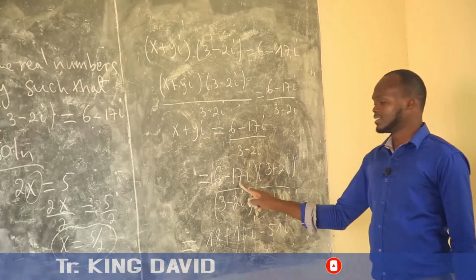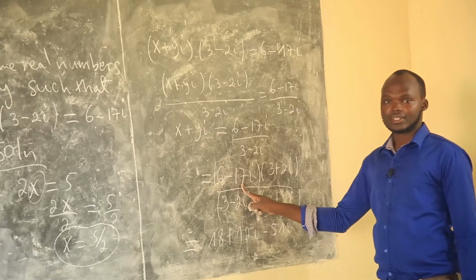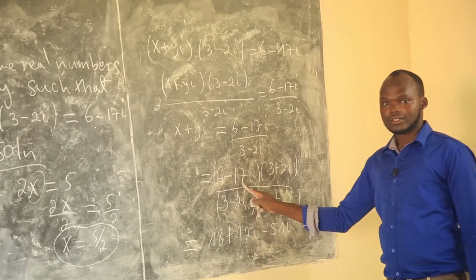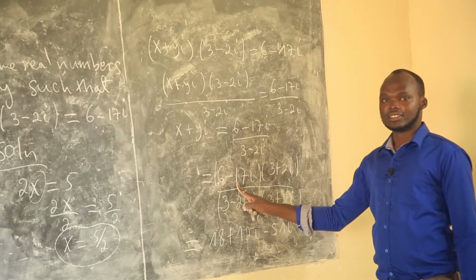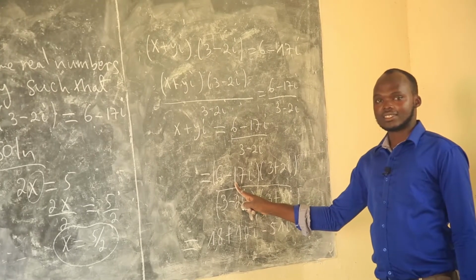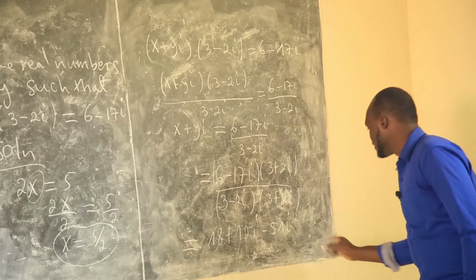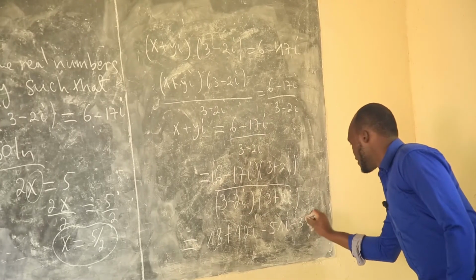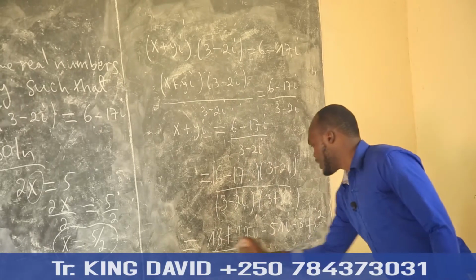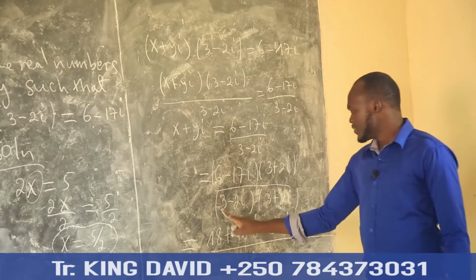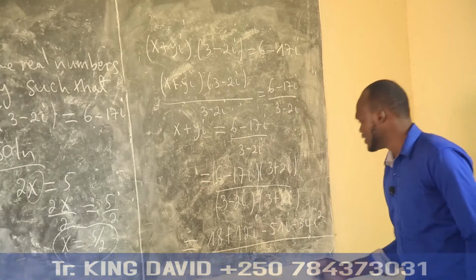What is 17 times 2? When you take 17 times 2, that is 34. That's negative 34i squared. Divided by 3 times 3, that is 9.